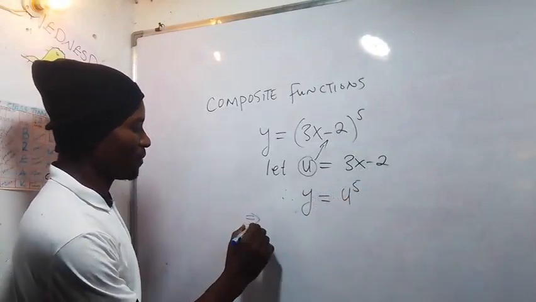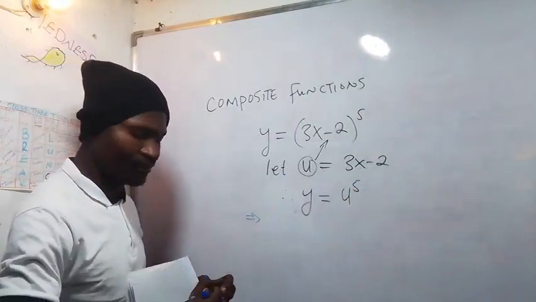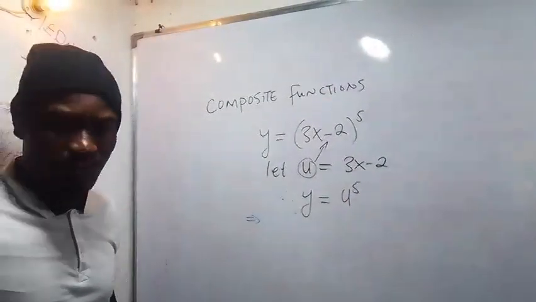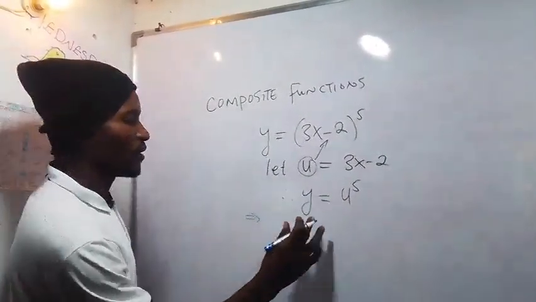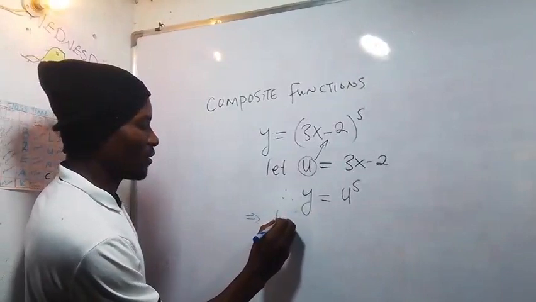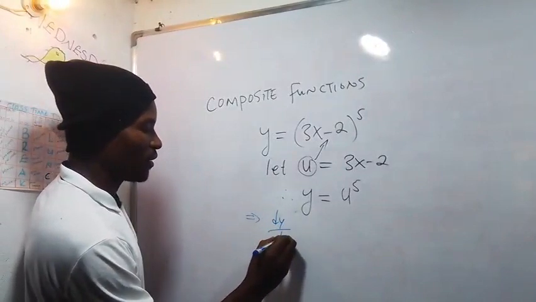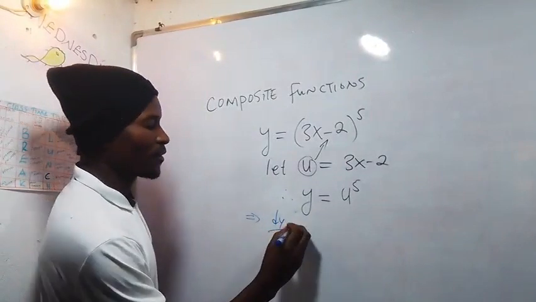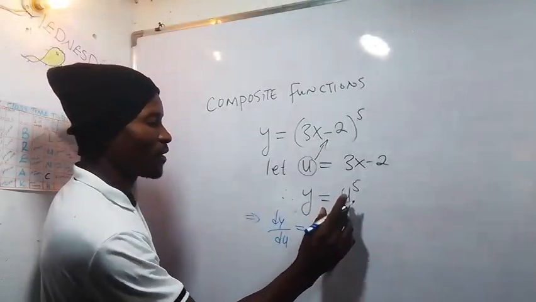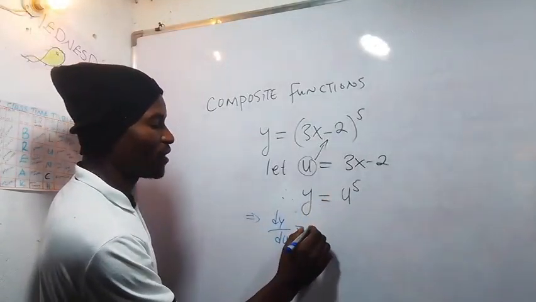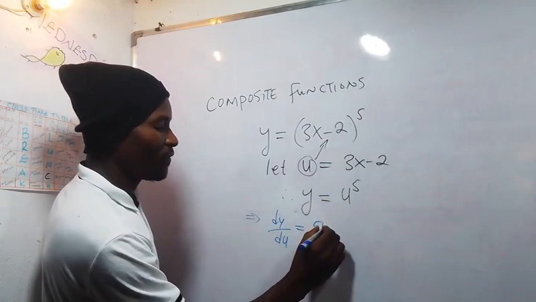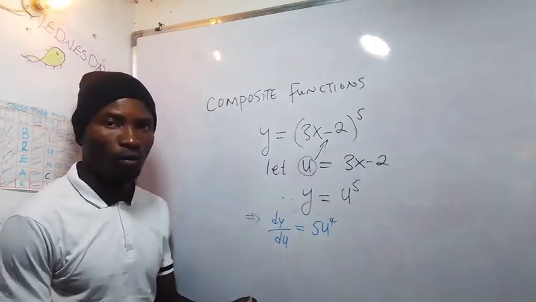So I'm going to say dy over du. As we know, the power multiplied by the coefficient gives 5u to the power 4.